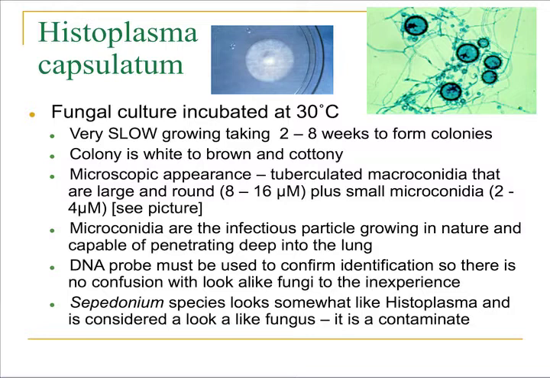These are large, about 8 to 16 microns in size, and there are also some small microconidia, about 2 to 4 microns, also produced. The microconidia are the infectious particle that's found in nature, and they are capable, due to their small size, of being breathed in and going deep into the lung to start the infection.